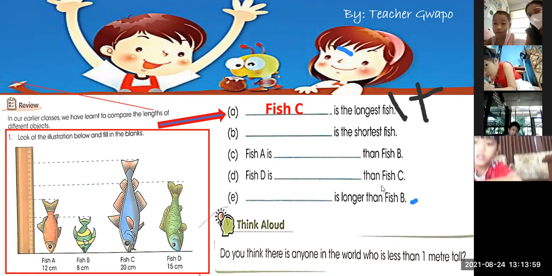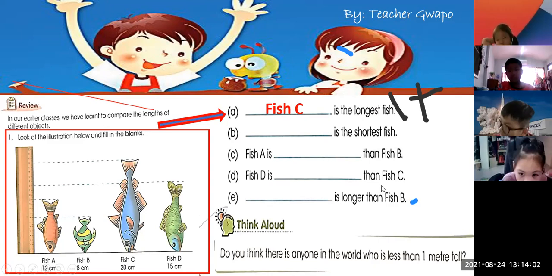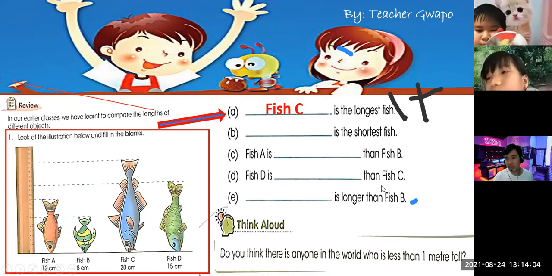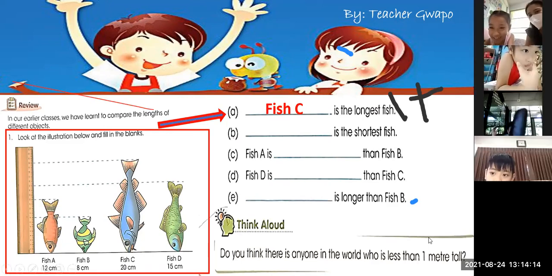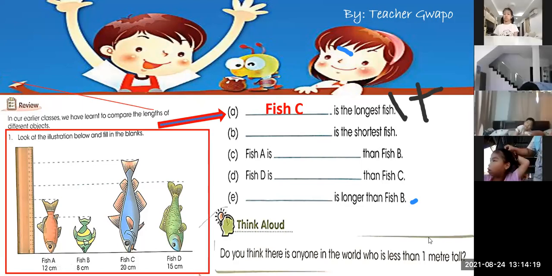Now let's try to find someone from 2/1. I will ask from 2/2 and then 2/3, so that we have a representative from each class. From 2/1, who is here?